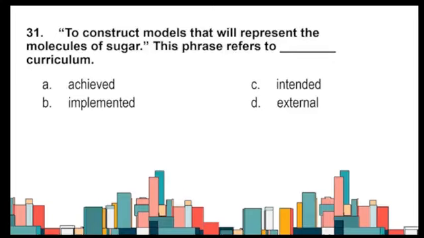The 80% of the class were able to get perfect scores in the test. And the implemented curriculum is how you make use of your lesson. So that's how you make use of the learning activities. So this one, to construct models, that's intended.